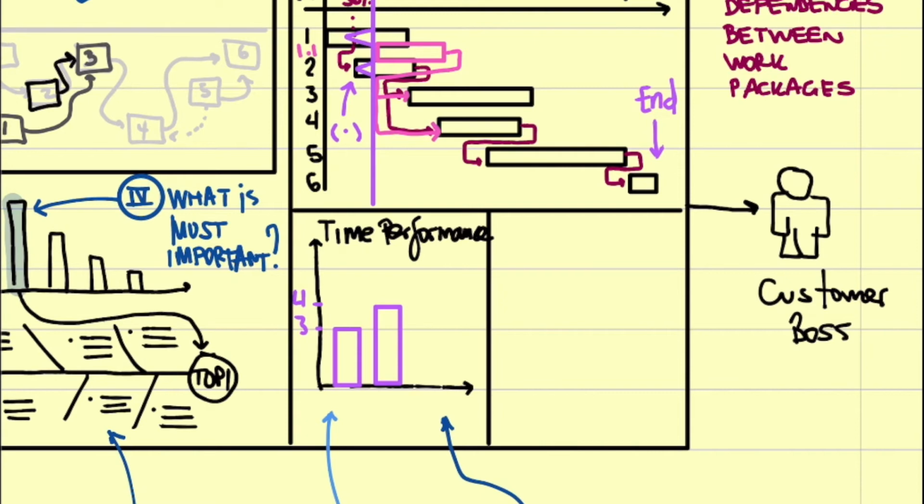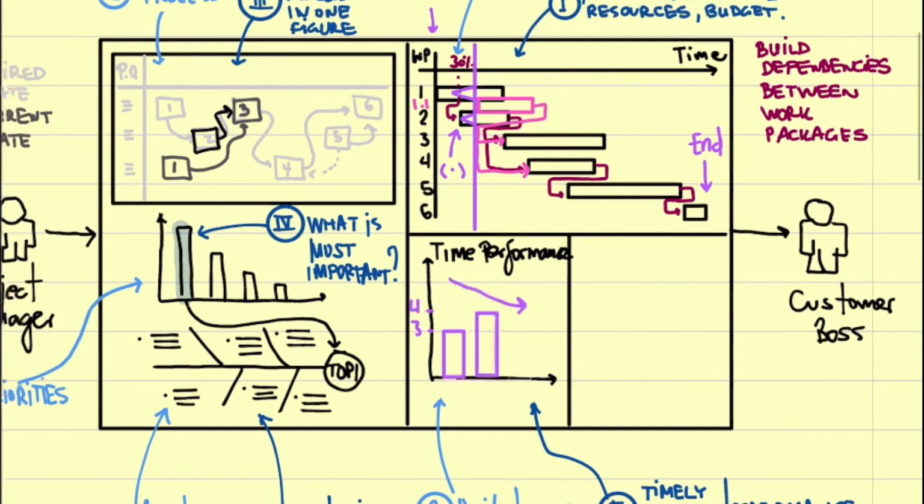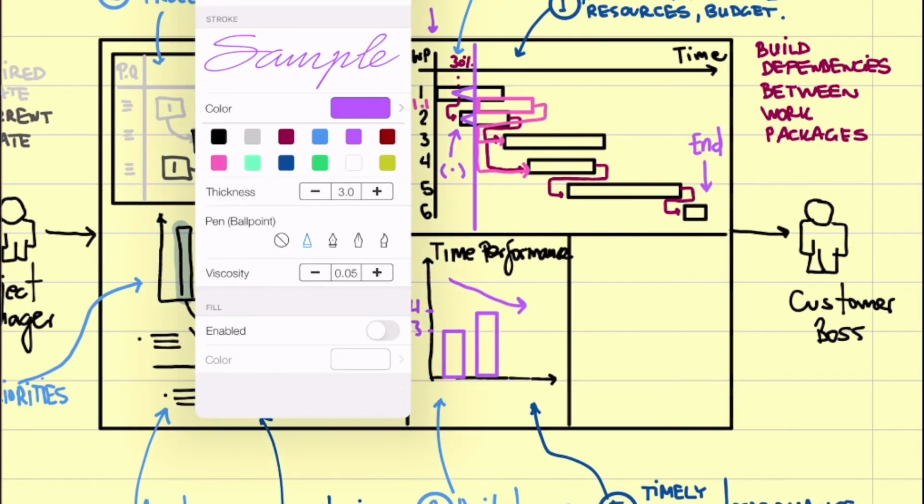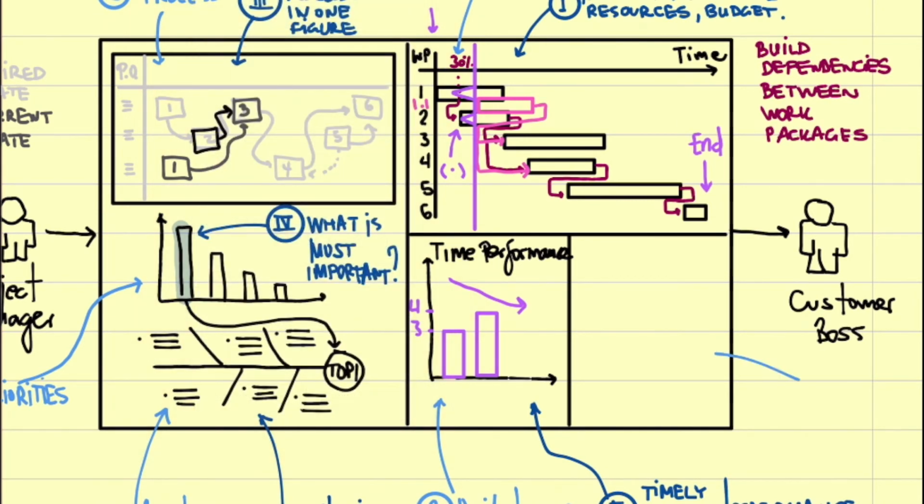So you want to drive your time performance to 0, no delay. Once you are done with your project, you go and then you standardize. This would be step number 6.